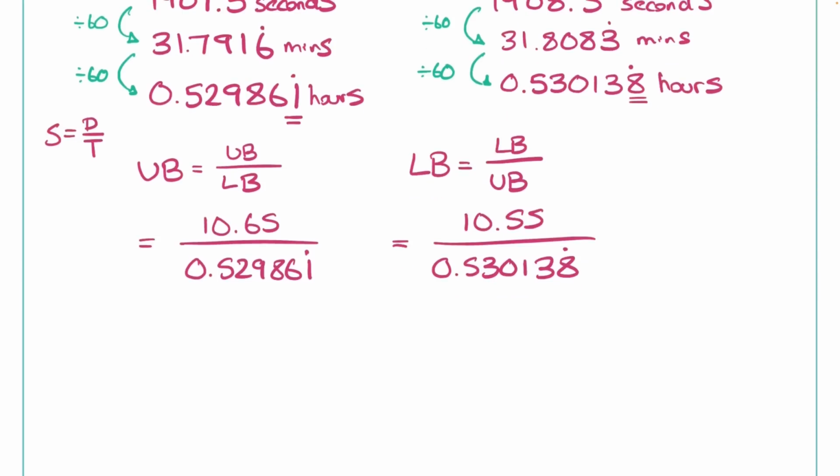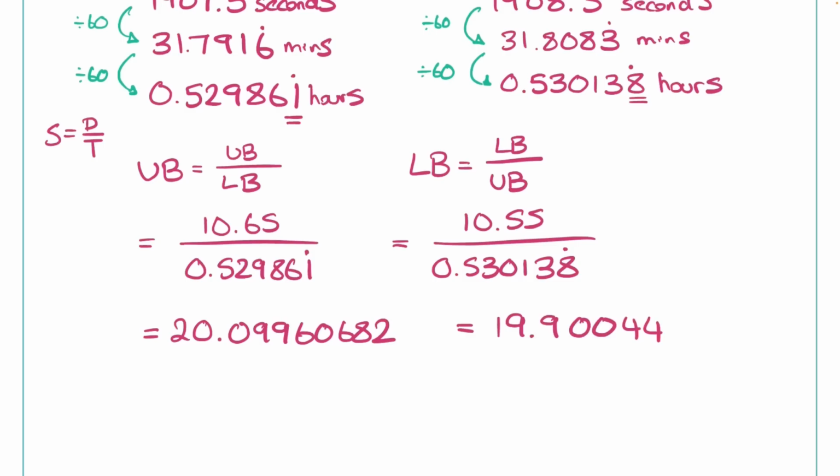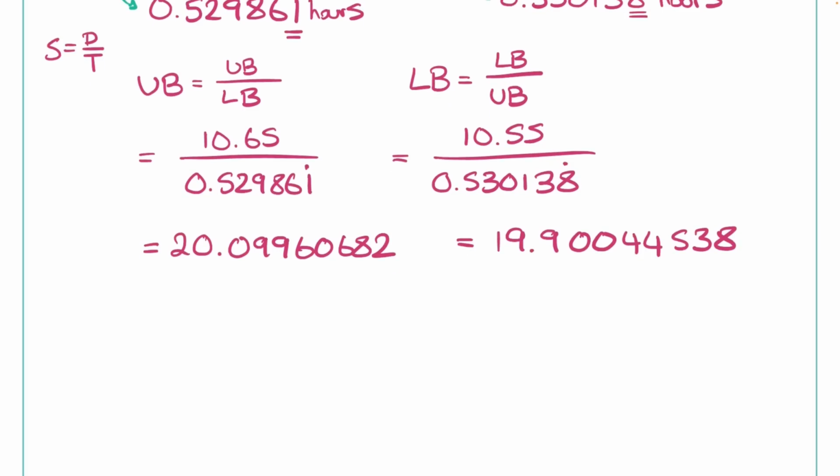So for this first one, I get 20.099606682. And for this right one, 10.55 over 0.530138, I get 19.900445338. So I have my upper bound and my lower bound.